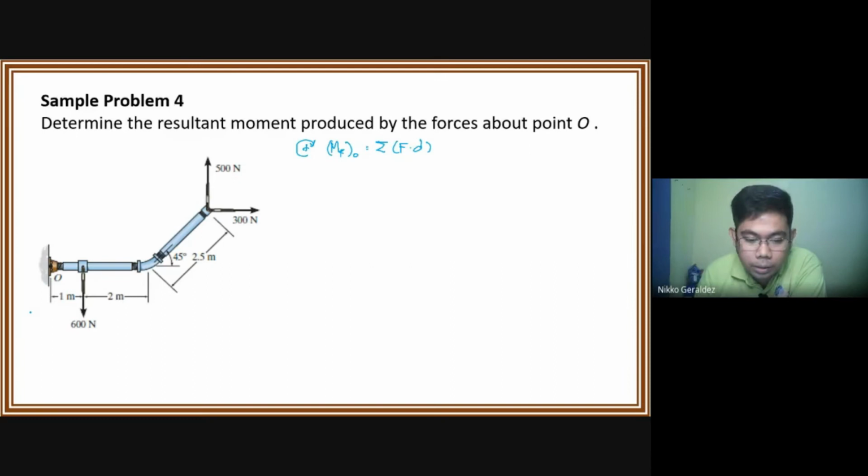Unahin natin si 600 Newton. Ano yung direction ng moment na maproproduce ni 600 Newton? Clockwise, counterclockwise?